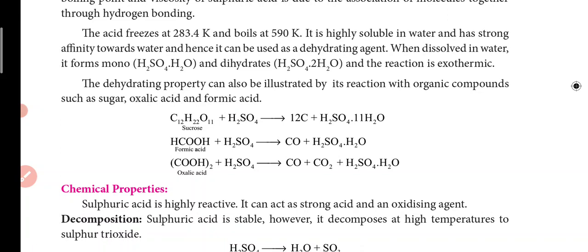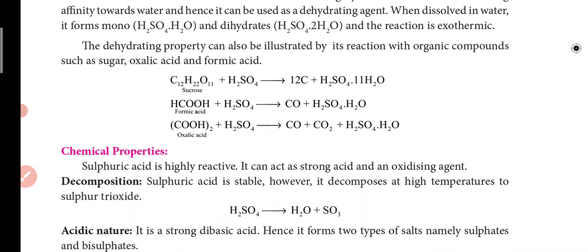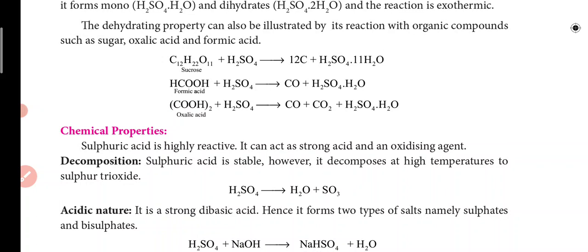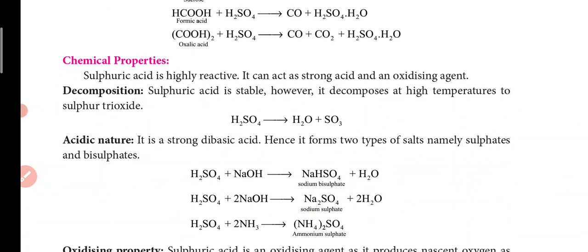The remaining hydrogen and oxygen come along with sulfuric acid because it has high affinity with water, so it dehydrates the water molecules present in other compounds. With formic acid, carbon monoxide comes out along with one water molecule attached to sulfuric acid. Oxalic acid gives carbon monoxide and carbon dioxide, and sulfuric acid monohydrate is produced as a byproduct.